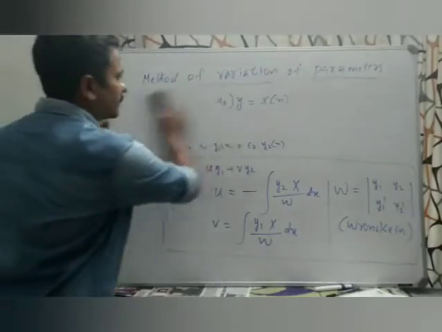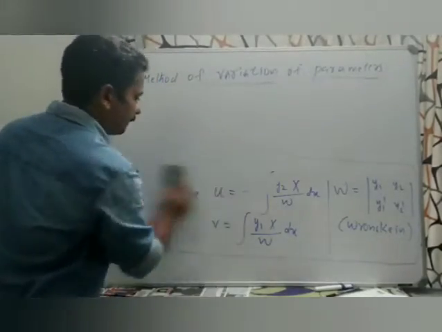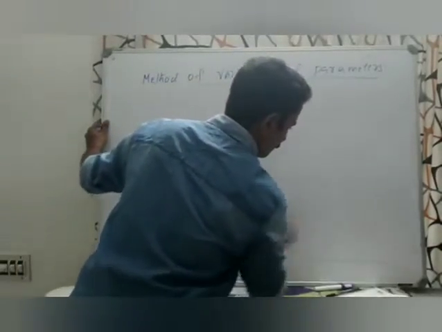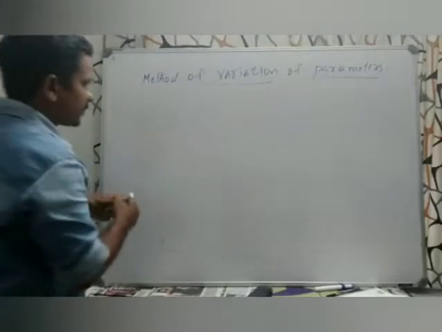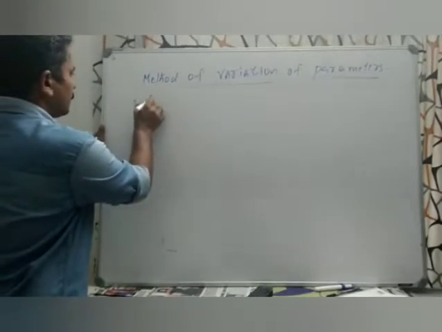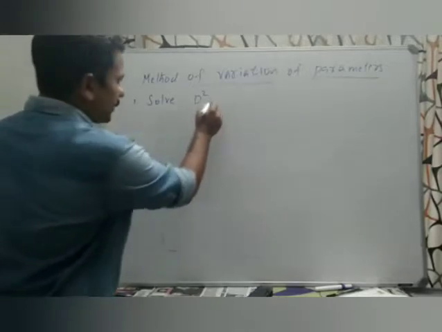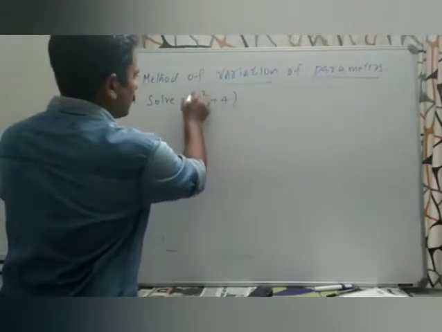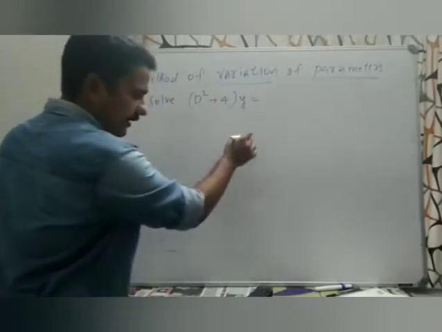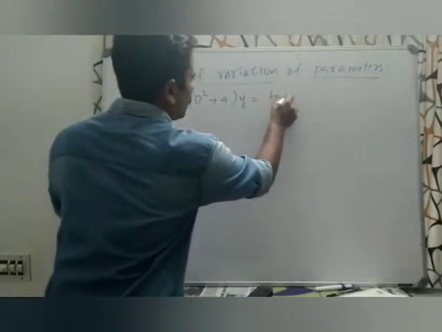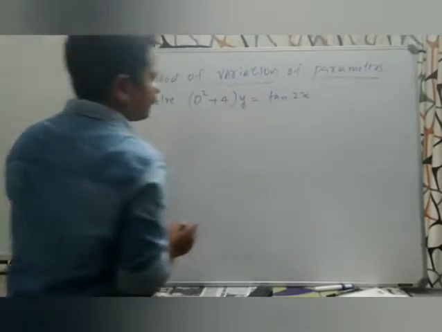The first question is, solve (D square plus 4) of y is equal to tan 2x.